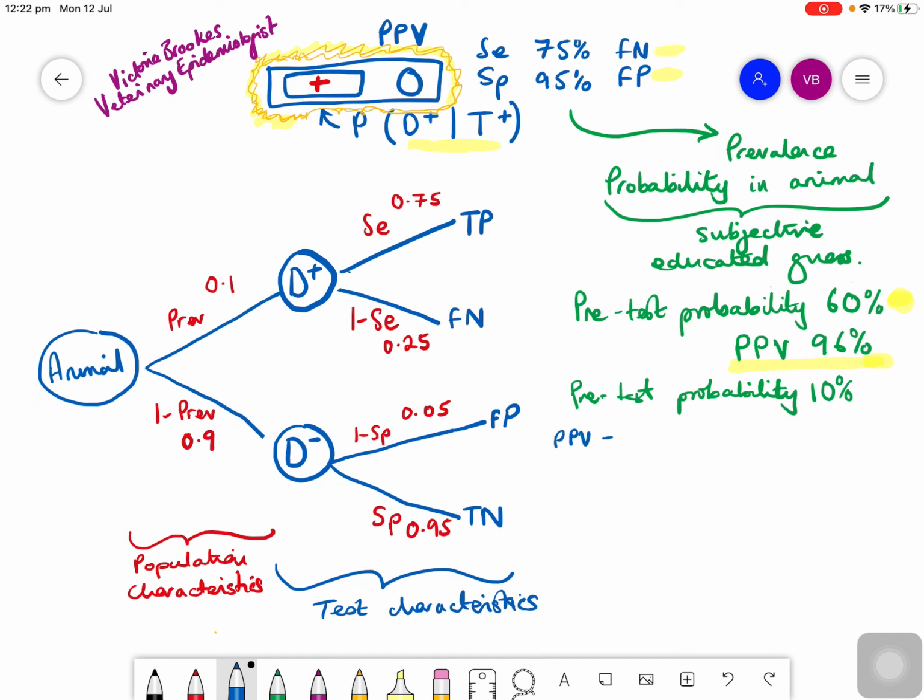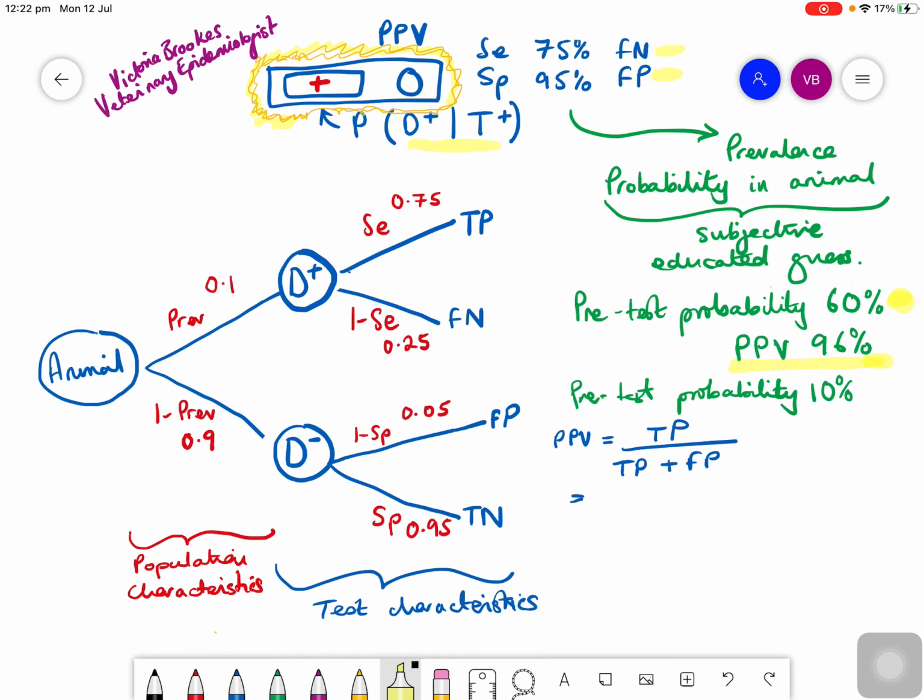Positive predictive value equals true positives divided by all of the ways in which an animal can be positive, given that we've got a positive test result. So true positives plus false positives. Let's multiply out our arms.